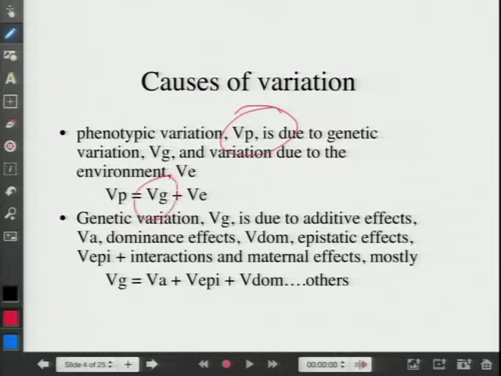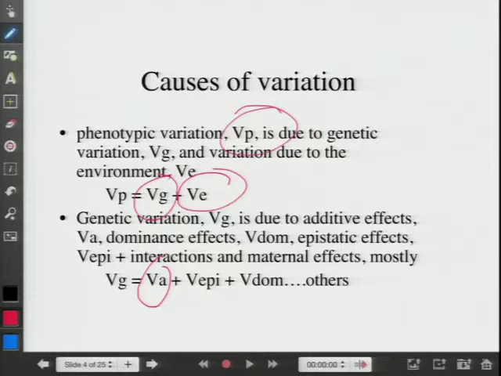Genetic and environmental. And then you can break down the genetic sources of variation further into the different kinds of genetic effects you would have within an interacting genome that's developing. So the genetic effects can be due to what are called additive effects, and those are the ones that we'll talk about and focus on for the rest of this lecture.